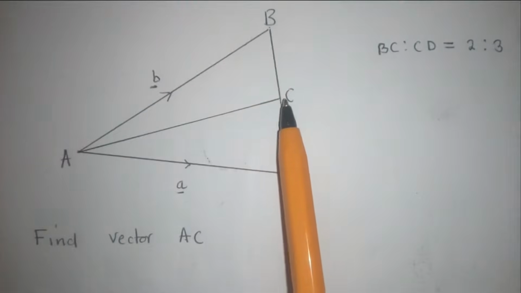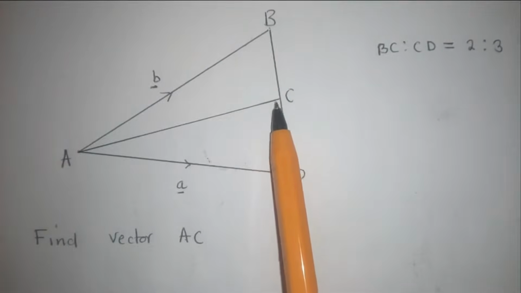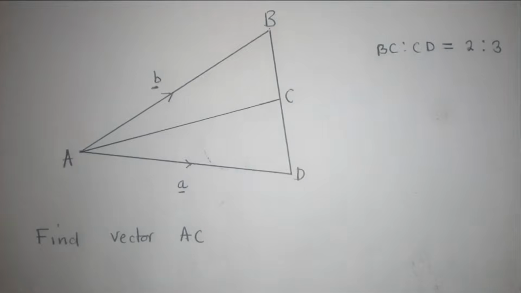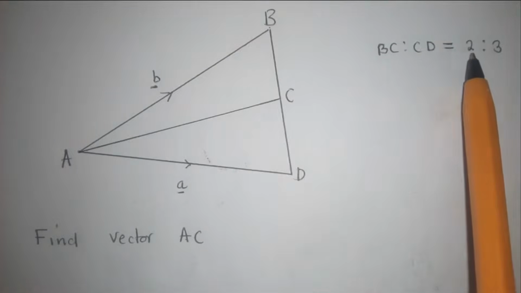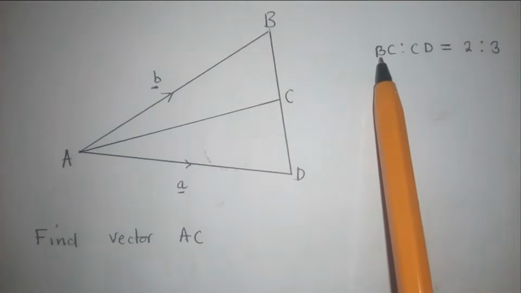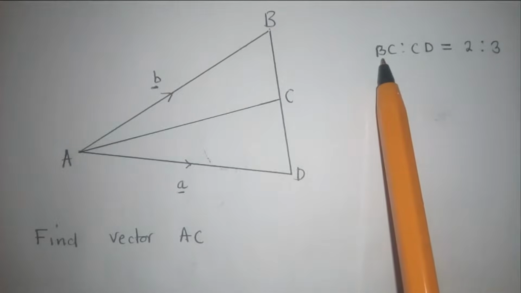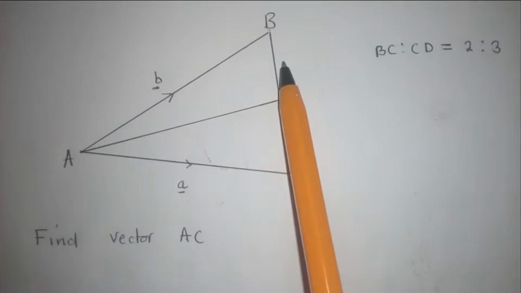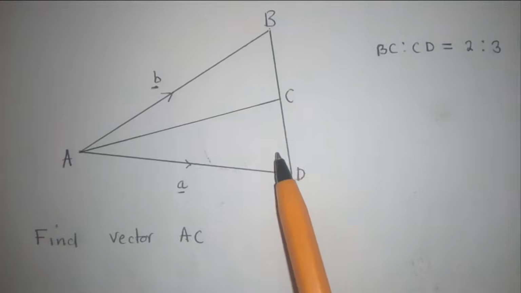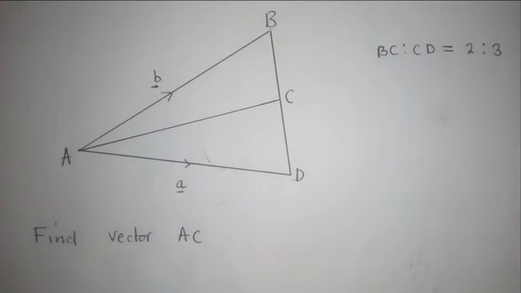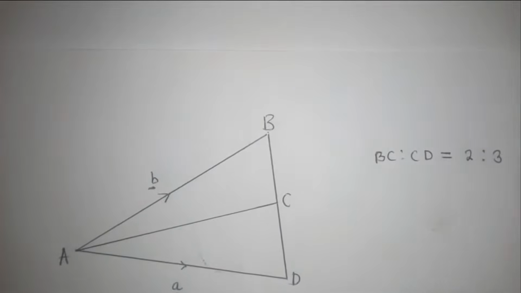So BC to CD, meaning the number which is here is moving with BC. In this case, 2 is moving with BC. So this is 2 and this is 3 in between here. So if we were to write, we can say over here it's 2, over here is 3.